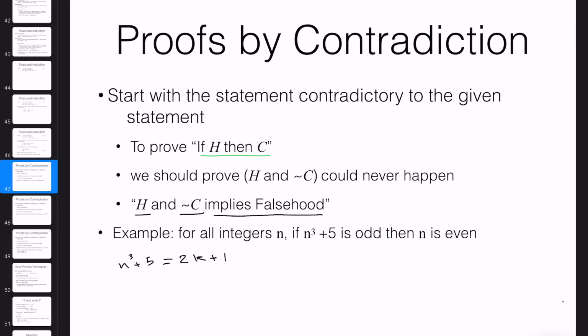And I would also assume n is even is your C, so the negation of C would be that n should be odd, so you can write it as 2j plus 1.